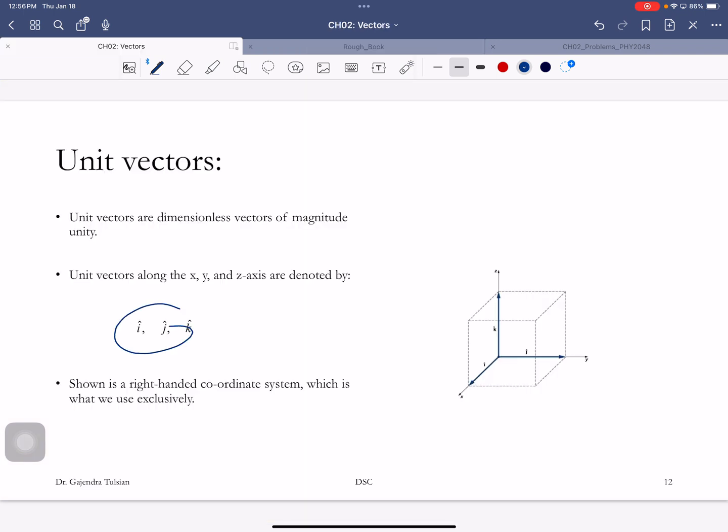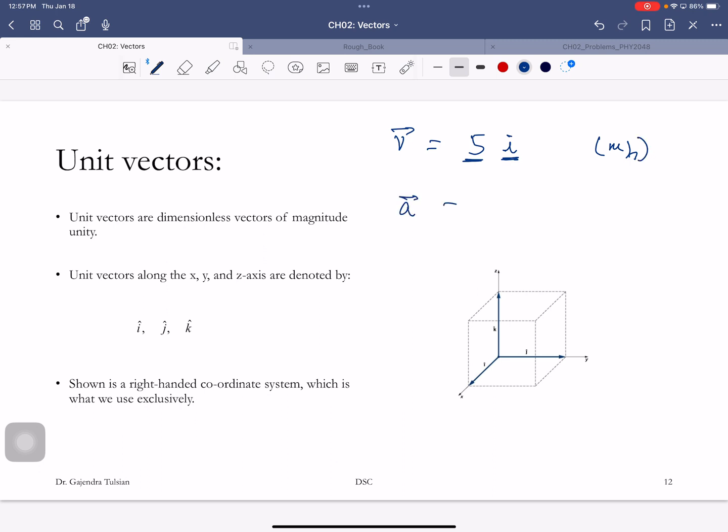So i, j, k are unit vectors. They are dimensionless, and the reason is this: 5i. If this were a velocity, this guy is dimensionless, and the units are contained in the 5, meters per second.